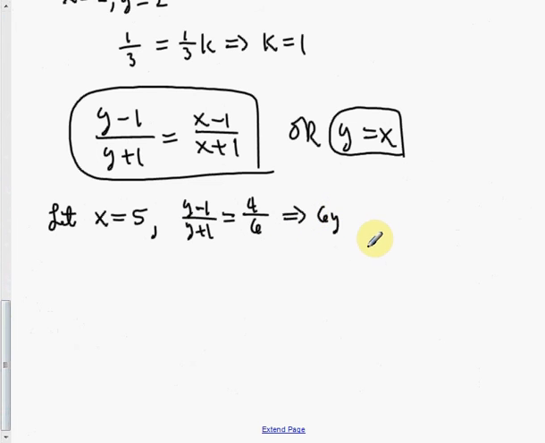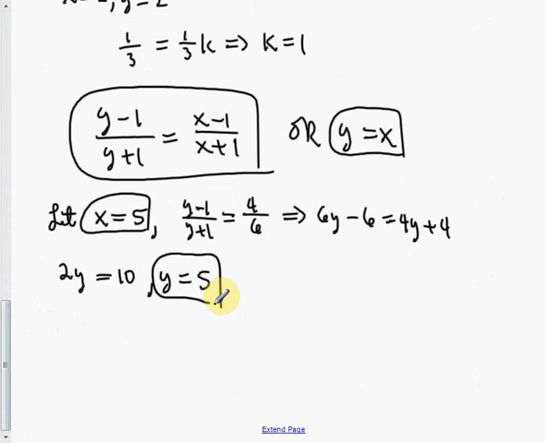So I get 6y minus 6 is equal to 4y plus 4. Subtract 2y on both sides, so I get 2y, and then add 6 on both sides, I get 10, so y is equal to 5.